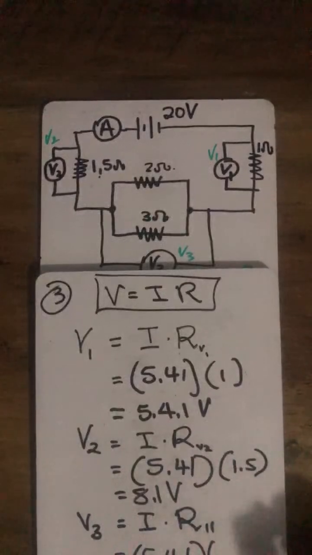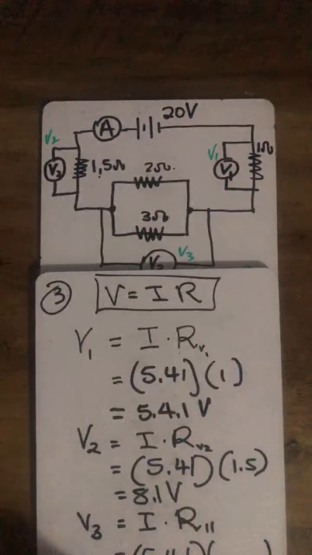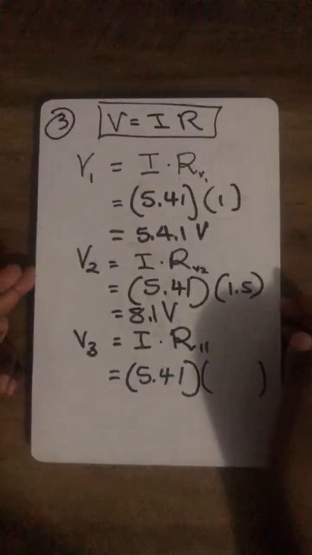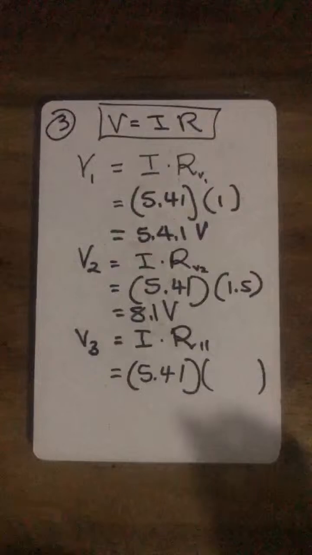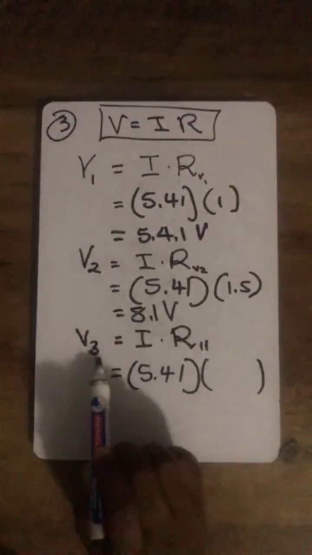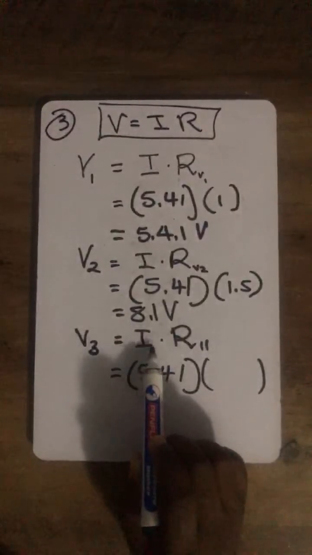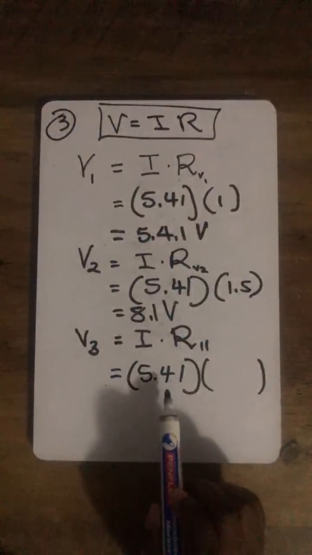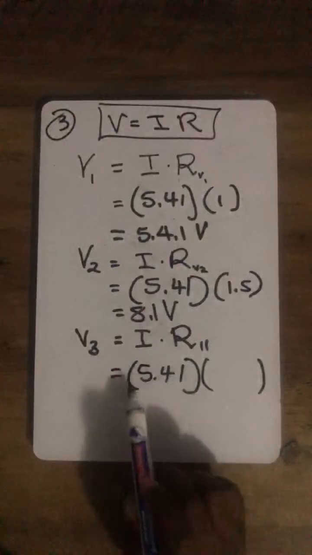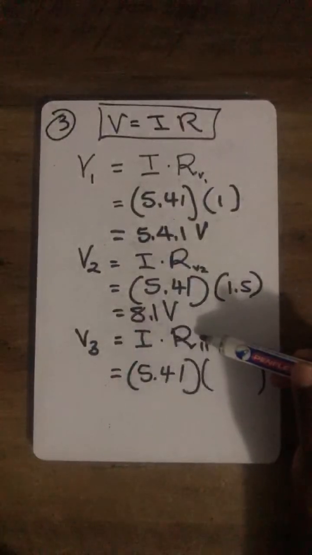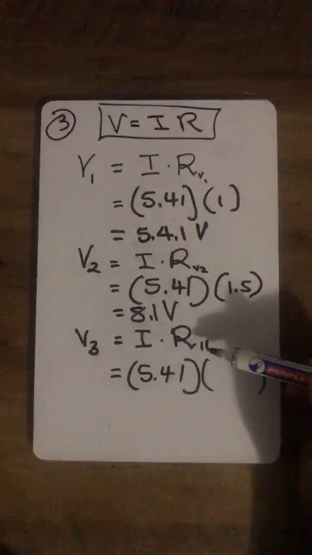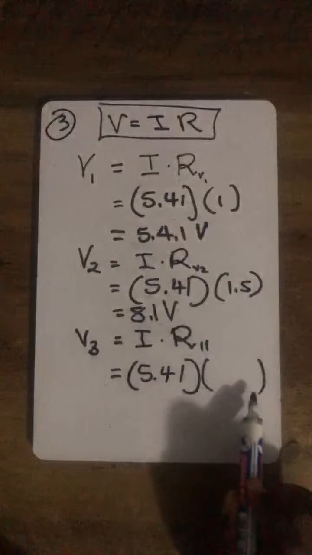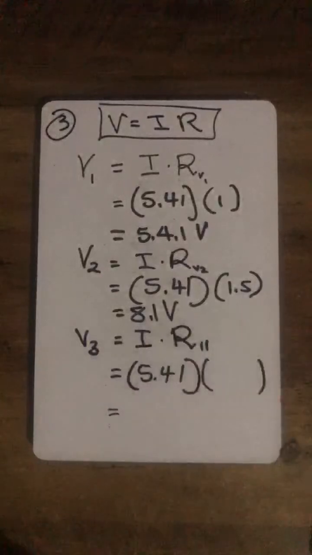So the question now is, as you were calculating your R parallel, what did you get? So I was saying when it comes to V3, the formula remains I times R. The current passing through that parallel connection is still the same. You just need to be careful to substitute the R parallel and not R for one of the resistors. So what did you get as your R when you calculate in parallel?